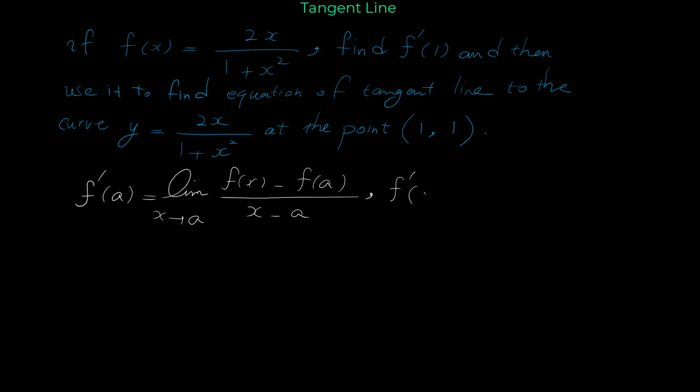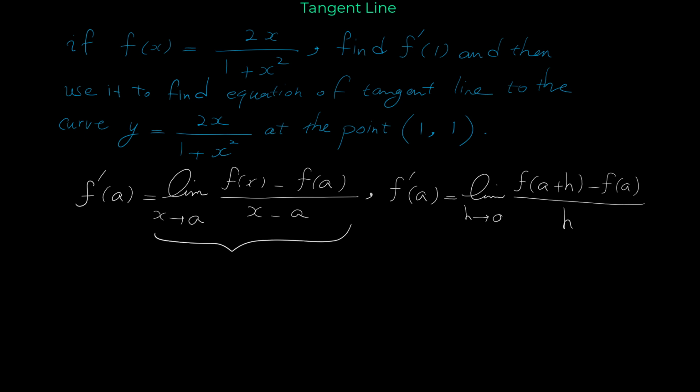Also, for finding f prime of a, we can use this formula, limit of f of a plus h minus f of a all over h as h approaches 0. For this question, for finding f prime of 1, I am going to use this formula. If you want, you can use the other formula for finding f prime of 1.